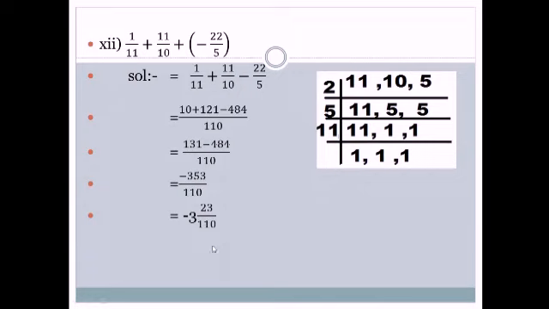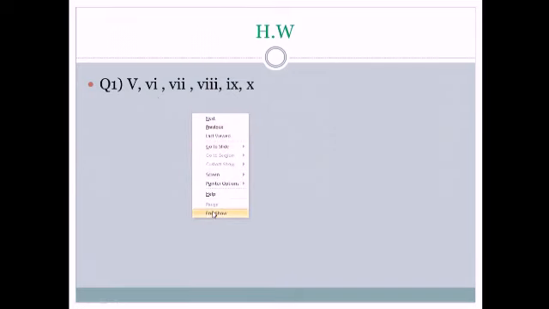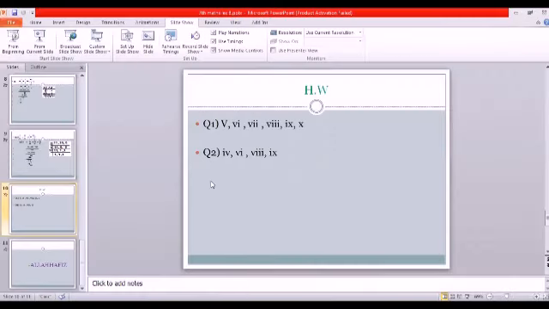So this is today's lesson, and here you have homework. Homework is question number 2, not question number 1. Sorry, by mistake here I wrote question number 1. You do not have to do question number 1 because all parts we have already done.